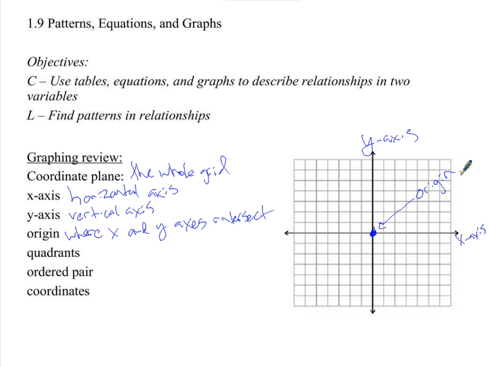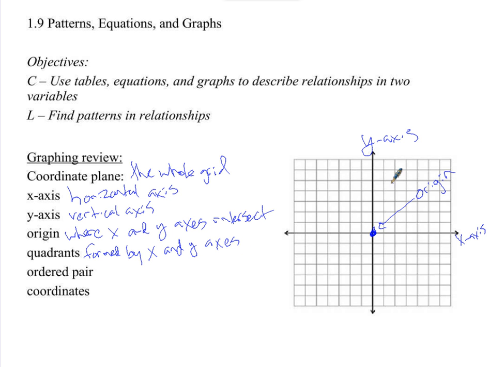What are quadrants? The little square, so this is a quadrant right here. There you go. They're formed by the x and y axes. We usually call them out by Roman numerals. 1, 2, 3, and 4.